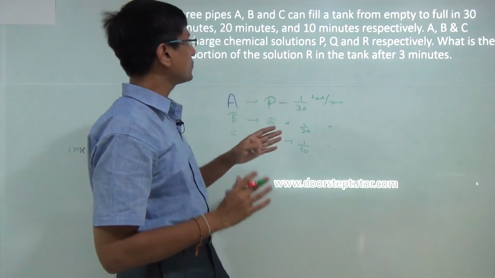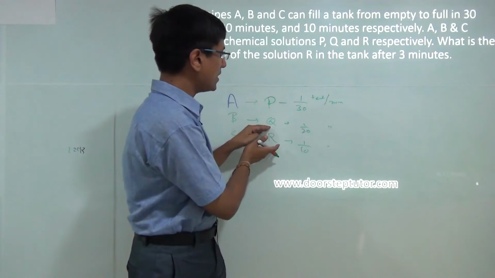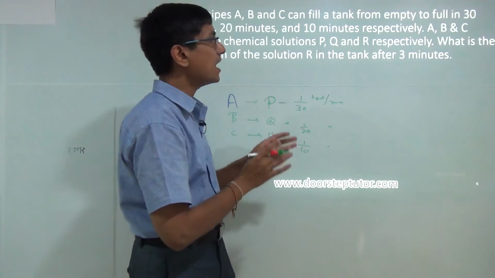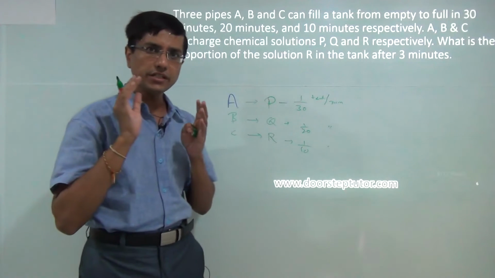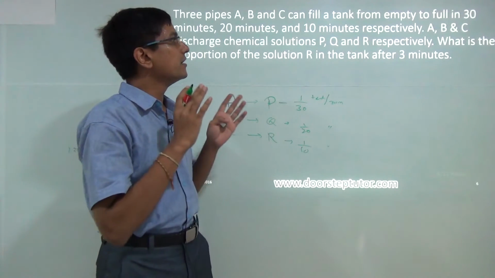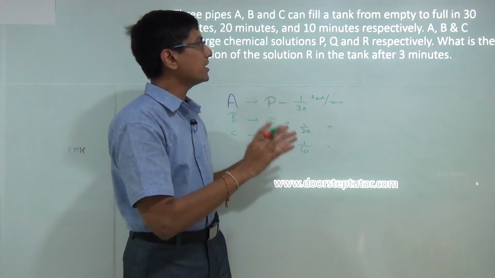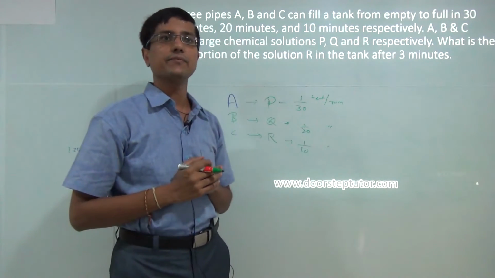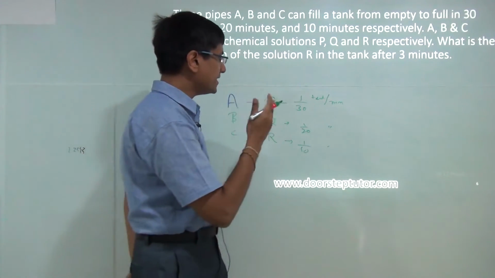Now we are being asked what would be the proportion of R in this total solution after 3 minutes. So just think for a second. Does the proportion depend on the number of minutes? It doesn't. That is the key here.